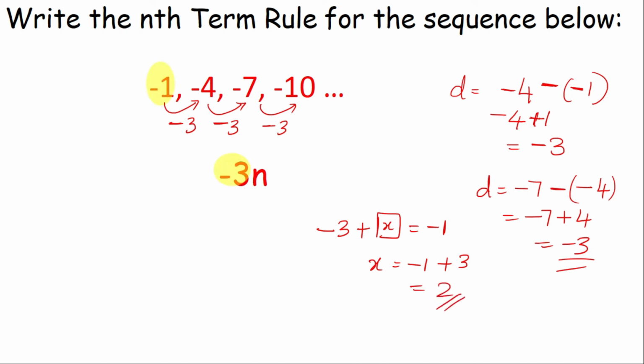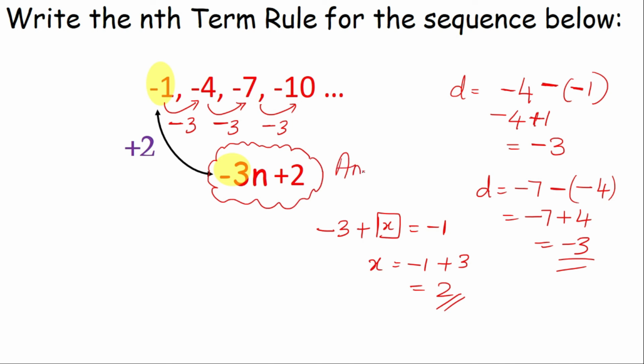From -3 to get -1, you have to add 2. So the rule for the n-term looks like this: -3n plus 2 is your answer. Now it's your turn. Try to solve the questions given here, and I'll be sharing the answers with you.